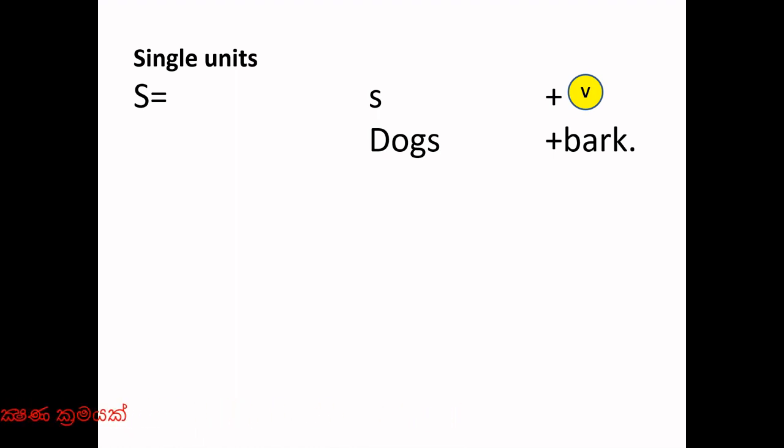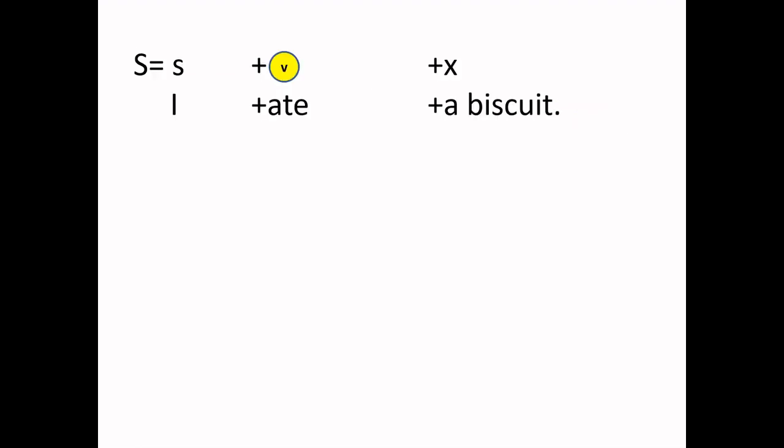Is sleeping is the nucleus and the baby is the left hand side unit, that is the performer of the action of sleeping. Now we move on to another basic sentence pattern which is found in single units, that is S equals S plus V plus X. Now in this particular sentence pattern we have the verb nucleus ate. Now if you say ate, we know that there must be someone to eat and something to be eaten.